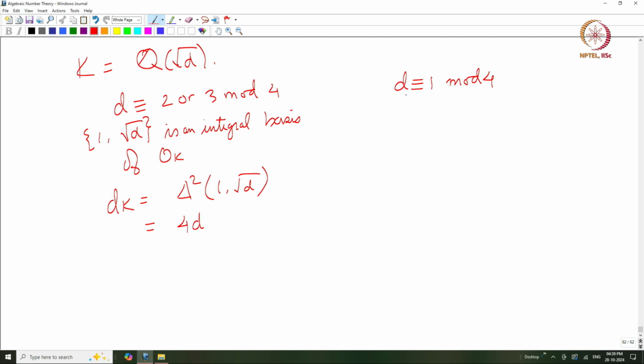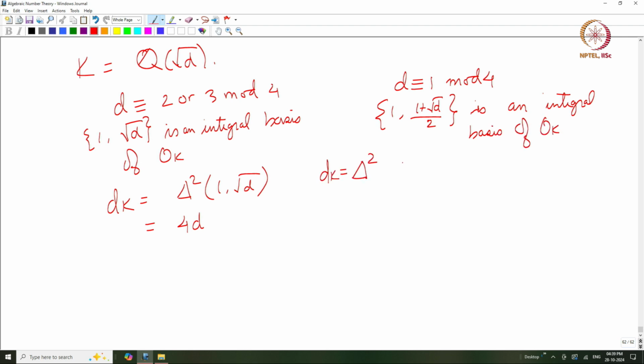New thing happens here. So, here we proved that 1 and 1 plus square root of d by 2 is an integral basis of O_K, and so we have to compute.